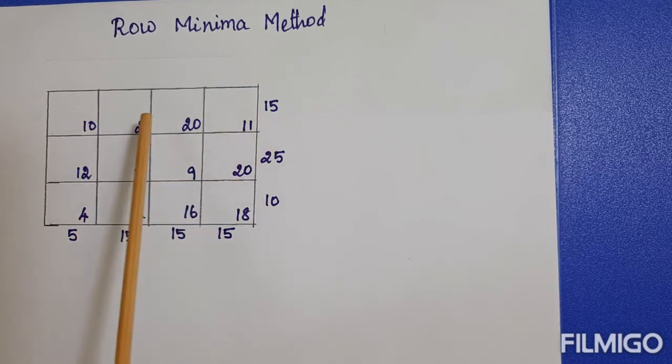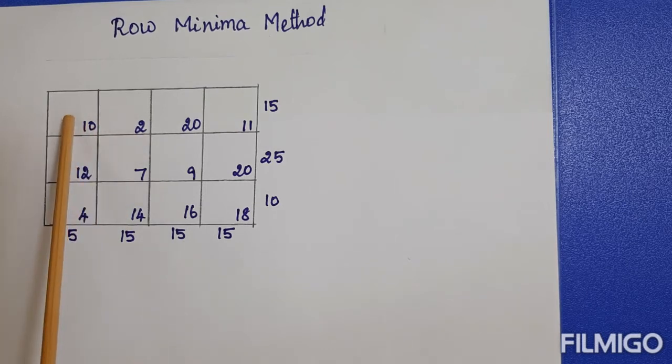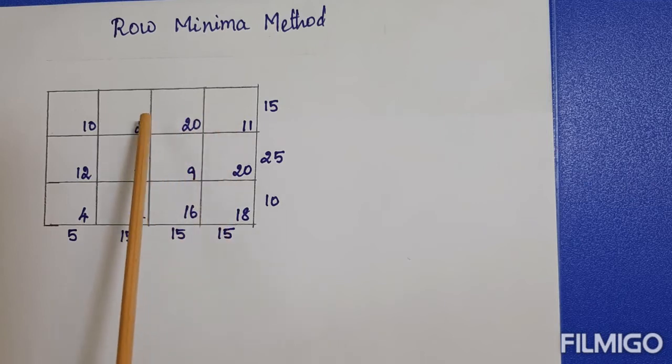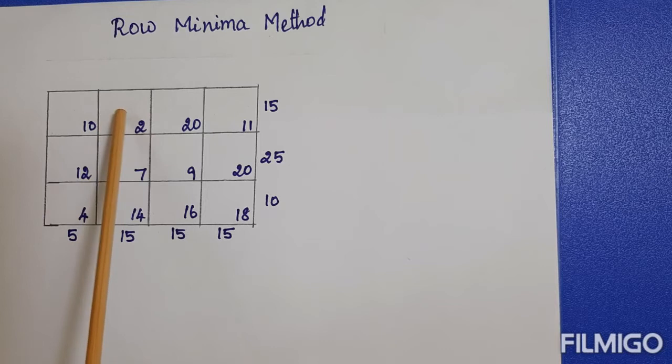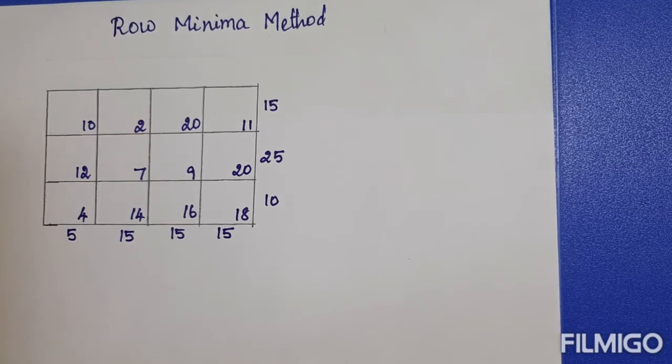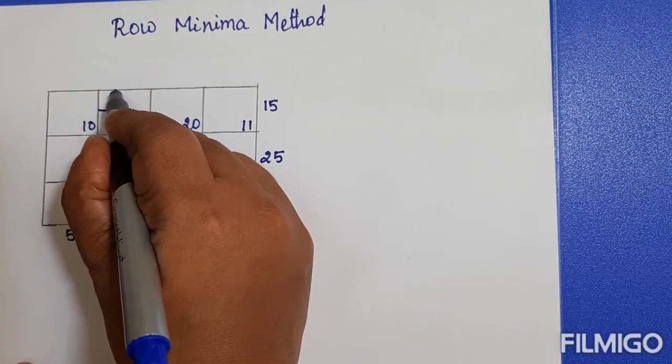In that, we have to choose a cell with minimum cost or least cost. Here, there are 4 cells. In this, this cell has the minimum cost. That's why I am selecting this cell for allocation. I make a box here.